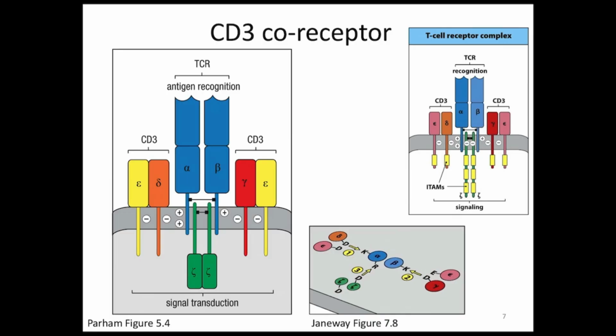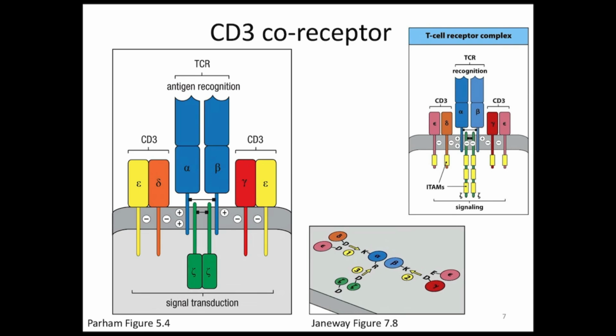And so you can see that CD3's contribution, when we have all of the CD3 chains together with our T cell receptor, is that CD3 is providing 10 ITAMs to this whole region.